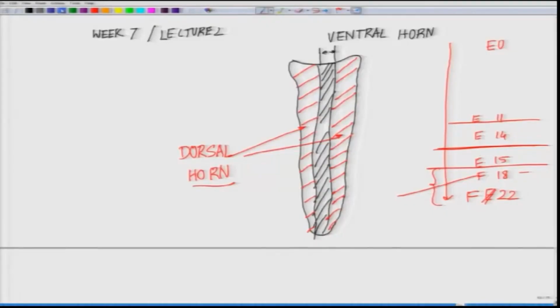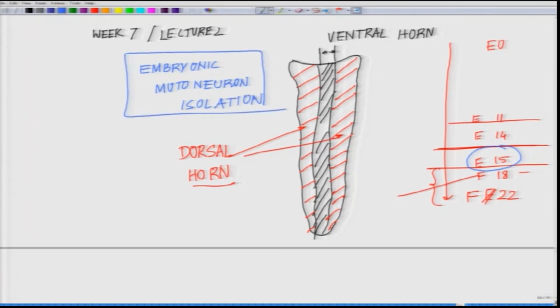So, coming back, when we talk about separation of embryonic motor neurons, we are kind of revisiting this problem in the light of our new techniques, what we have learned: cell sorting by immunopanning, density gradient and fluorescent assisted cell sorting, embryonic motor neuron isolation. Okay.